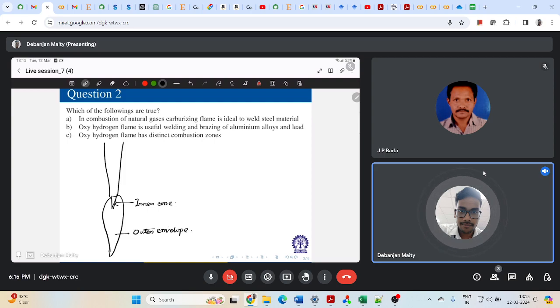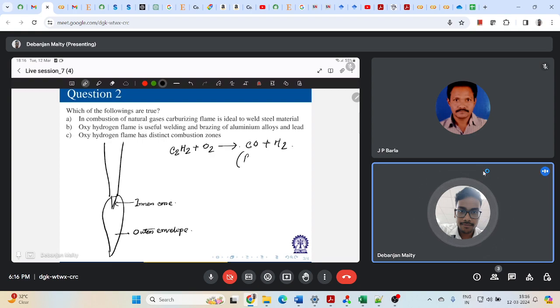So what I was talking about is the primary combustion. During the primary combustion, when two-thirds of the total heat is getting generated, what will happen? The reaction is that my acetylene will react with oxygen and form carbon monoxide and hydrogen.